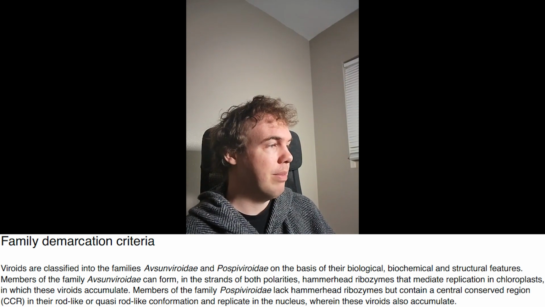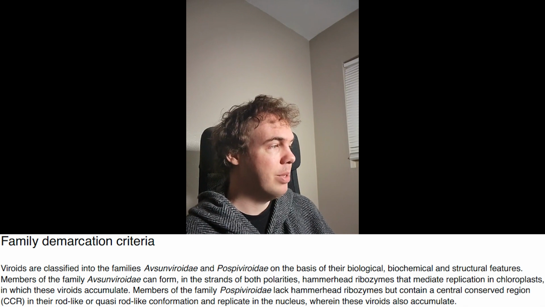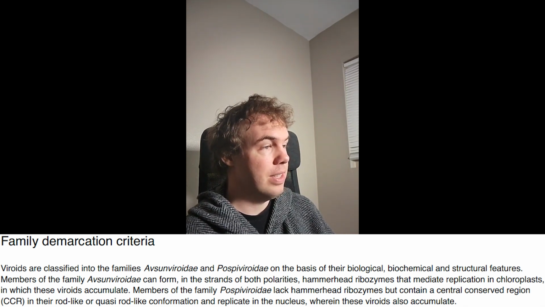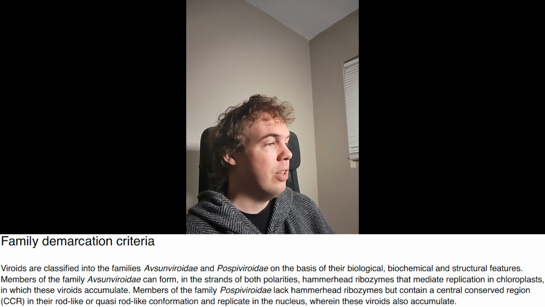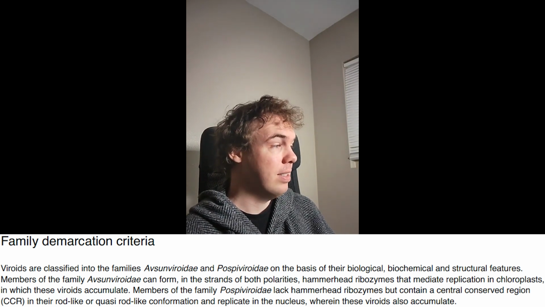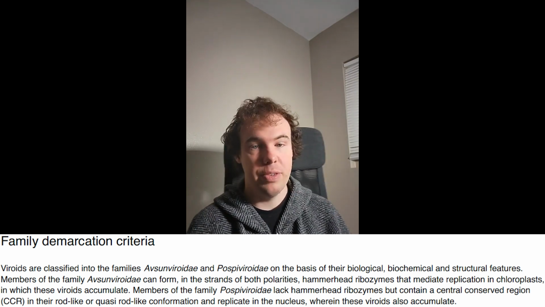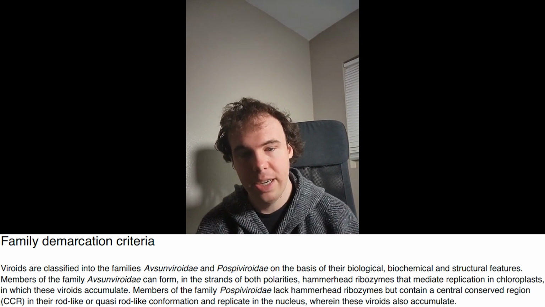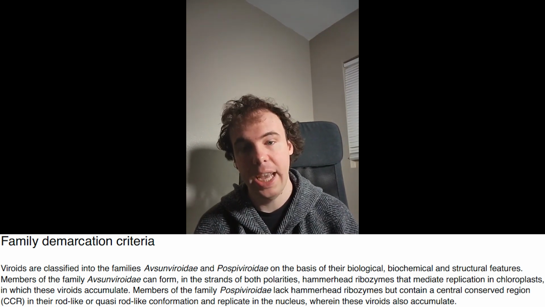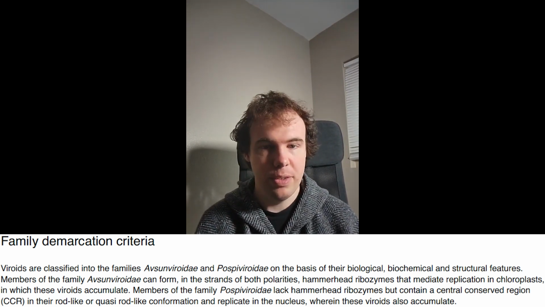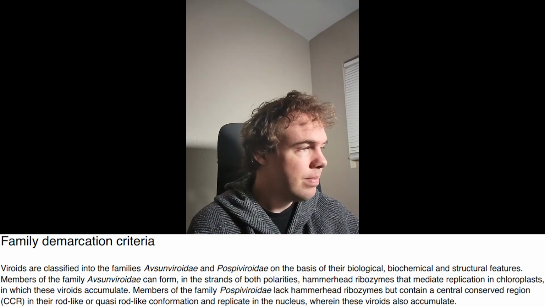Members of the family Pospiviroidae lack hammerhead ribozymes but contain a central conserved region, CCR, in their rod-like or quasi-rod-like conformation and replicate in the nucleus, wherein these viroids also accumulate. And the Pospiviroidae are what the Hop Latent Viroid family is. It's a Cocadviroid in the Pospiviroidae family.